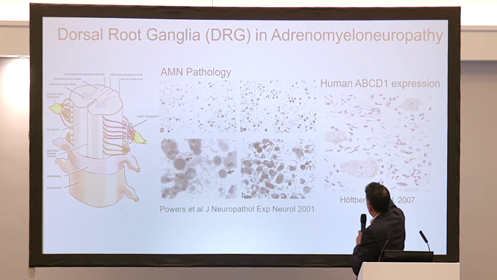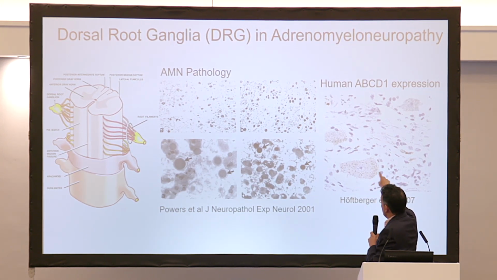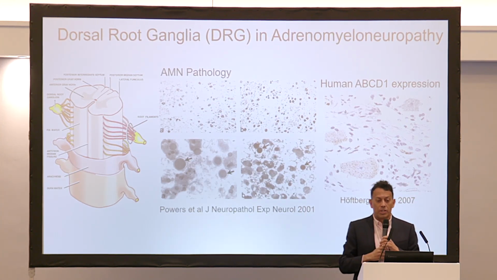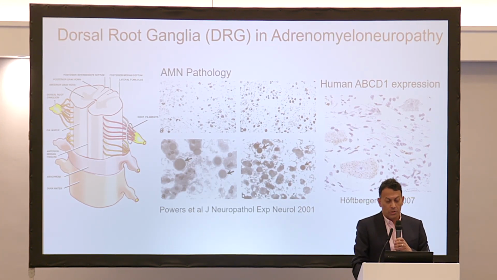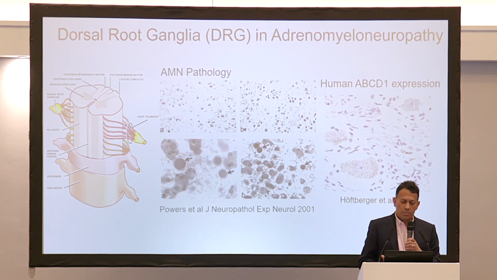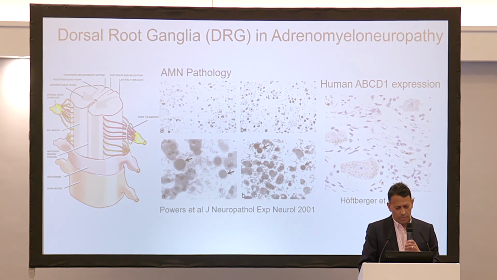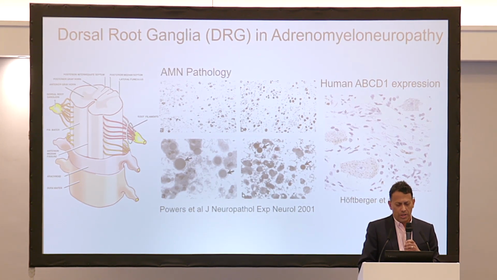Johannes Berger in Vienna showed very nicely that the few neurons that express ABCD1 sit right in this structure, and we think that these are critical as they're transmitting information up to the brain. They're a little bit of a hub for sensory information that's so critical in AMN.